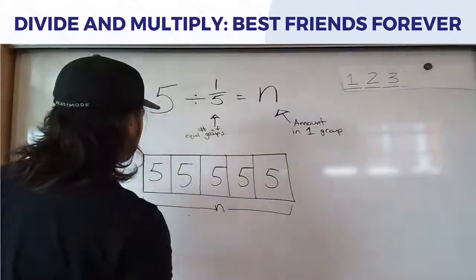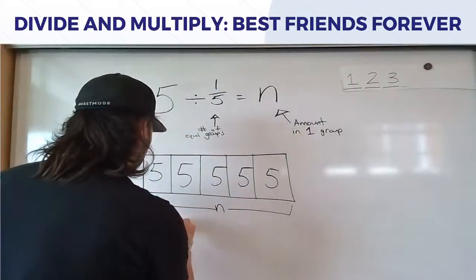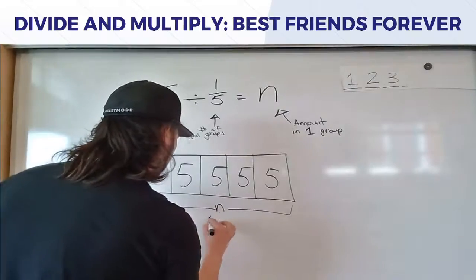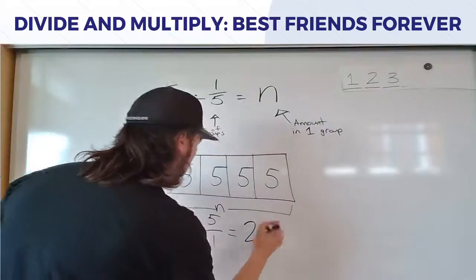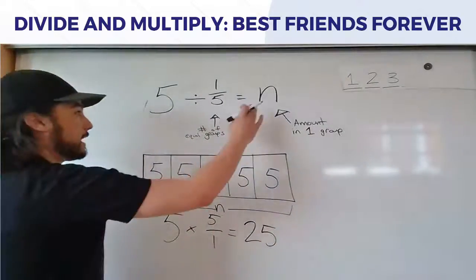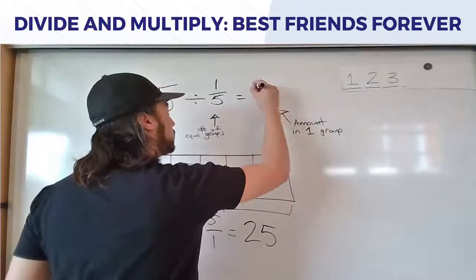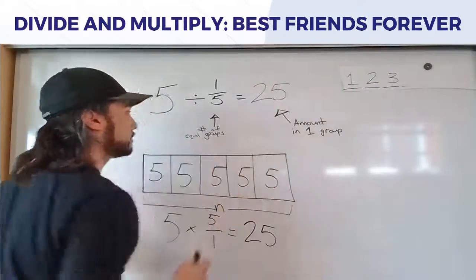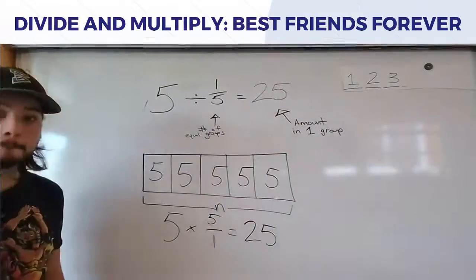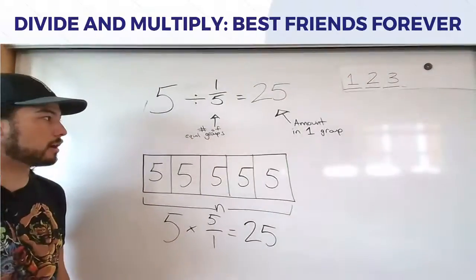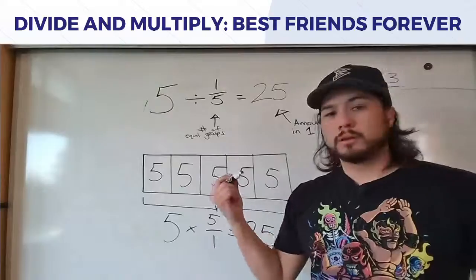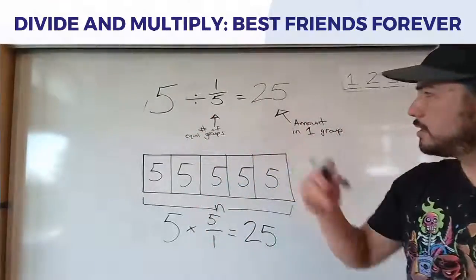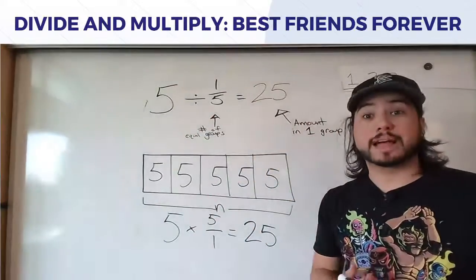You bet it does. 5 times 5 wholes, or 5 over 1, equals 25. Just like 5 divided by 1/5 equals 25. So there's our really efficient way of finding the unknown in a fractions division equation.